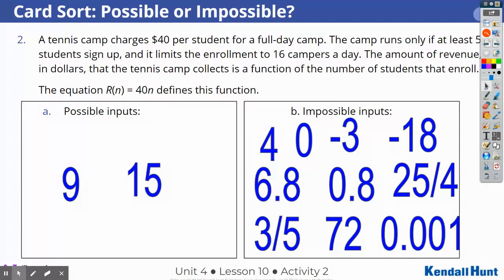They don't have camp if there's not 5. And then 72 is way too large because they limit it to 16 campers. So we would say that it's only allowed if the inputs are between 5 and 16.